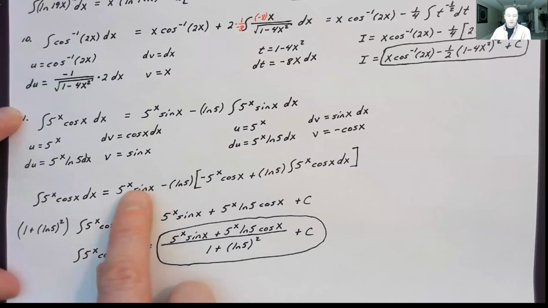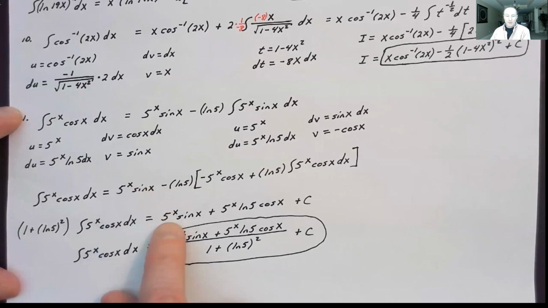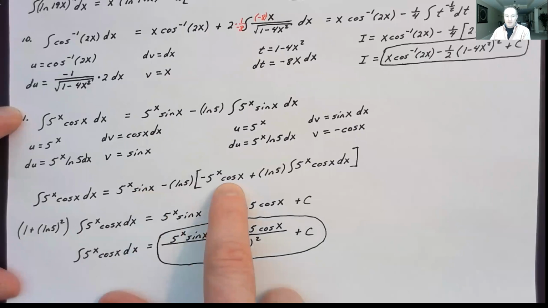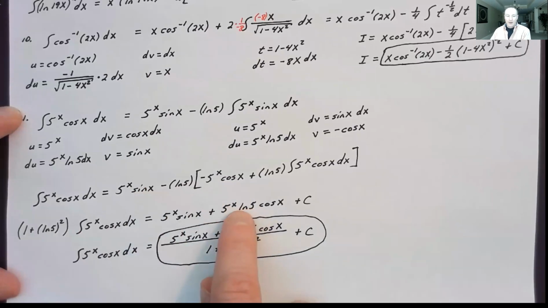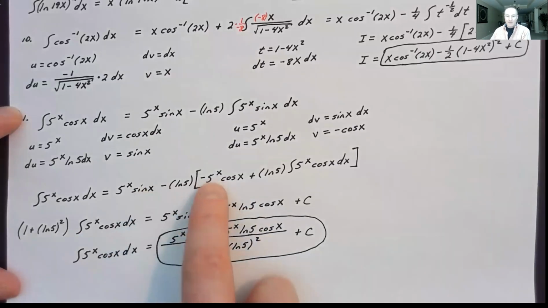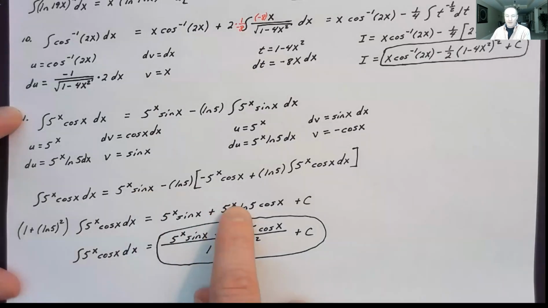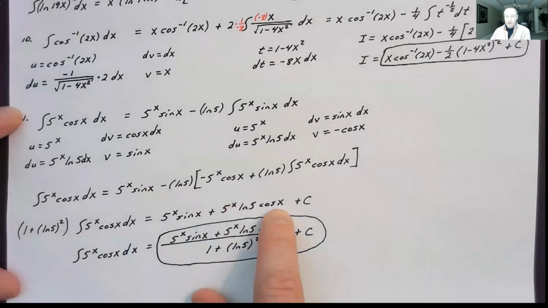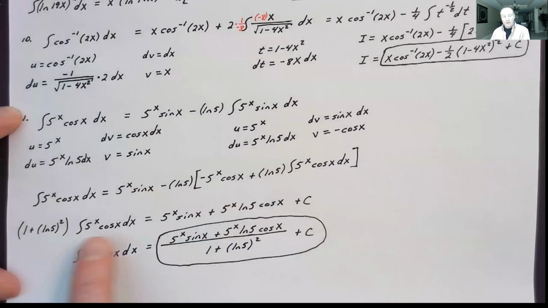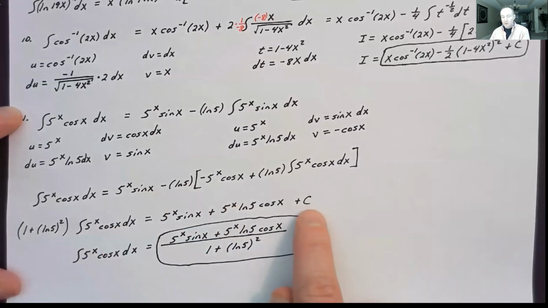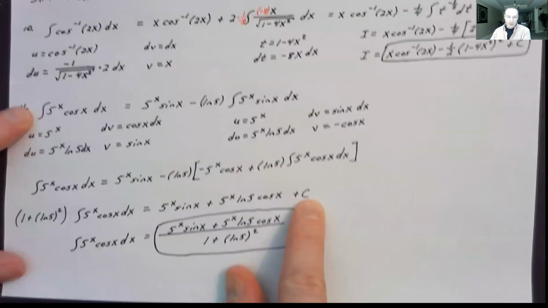It's equal to my u times v that I originally had, minus the natural log of 5 times this term. So I have minus times a negative, that gave me plus 5 to the x natural log of 5 cosine of x. And then whenever you get your integral all on one side, you do need to put plus the constant of integration.